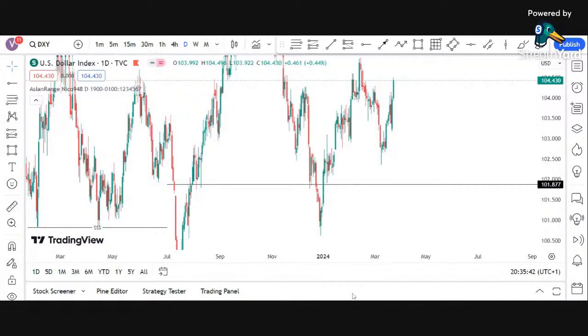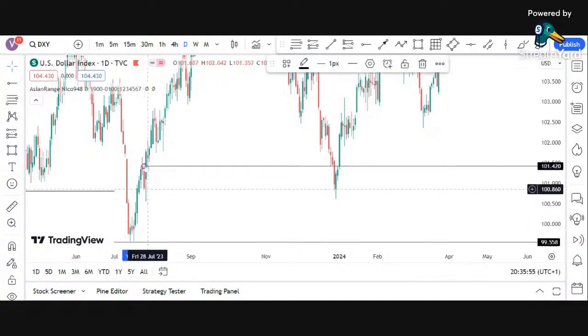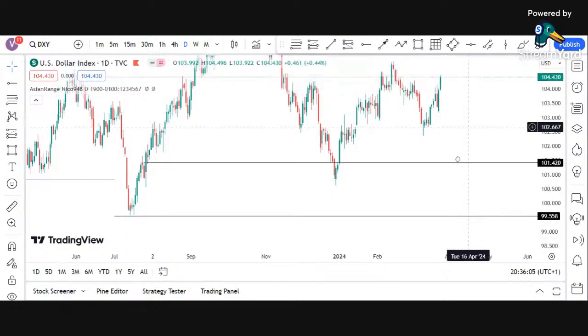If you refine this, you see that price used this last bearish candle, and this was a low. So that was used, and price took off to the upside.